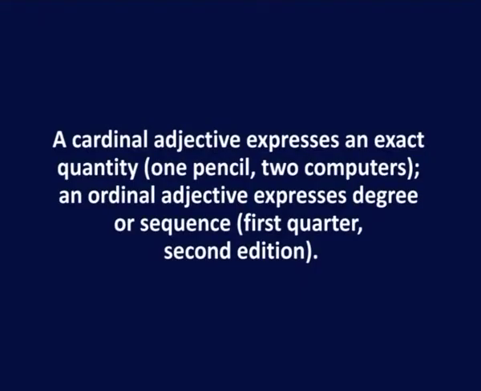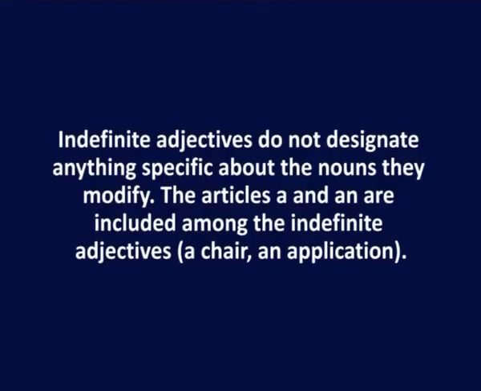A cardinal adjective expresses an exact quantity, one pencil, two computers, or an ordinal adjective expresses degree or sequence, first quarter, second edition. In most writing, an ordinal adjective should be spelled out if it is a single word like tenth, and written in figures if it is more than one word like 312th.